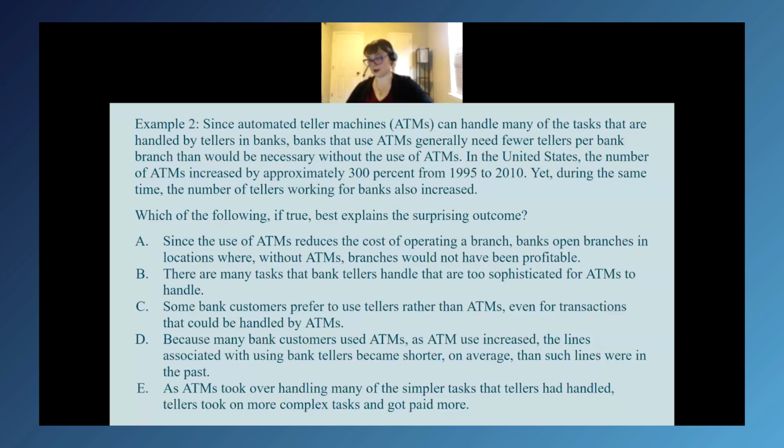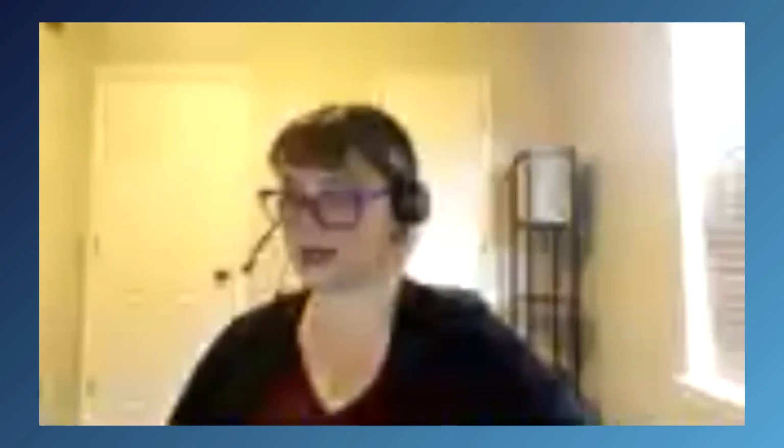So E, I think, is tempting, but it doesn't quite resolve the paradox because it doesn't give us a reason to think that the number of tellers should have increased. So, yes, banks need fewer tellers per branch, but if they open more branches, then maybe they need more tellers overall. Any questions on that one?